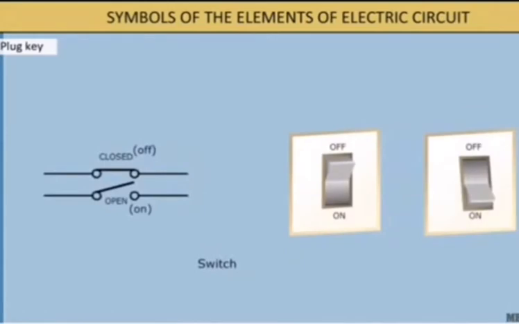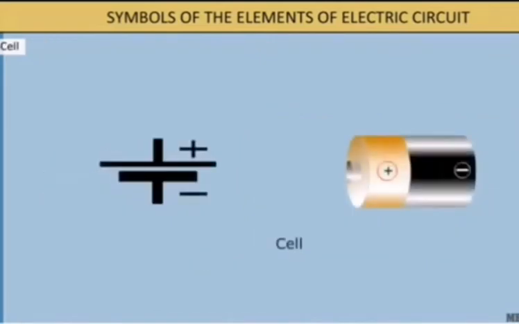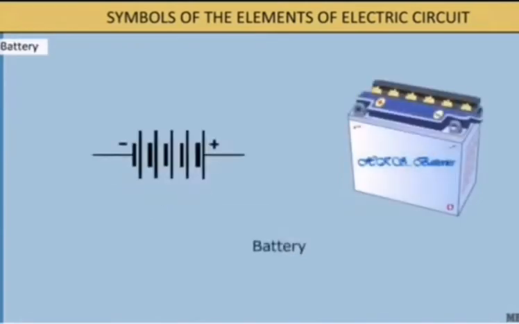A plug key can be represented as closed or open. A cell is represented by a thin long line for the plus terminal, and a thick short line for the minus terminal. A battery, a combination of two or more cells, is represented as you can see.